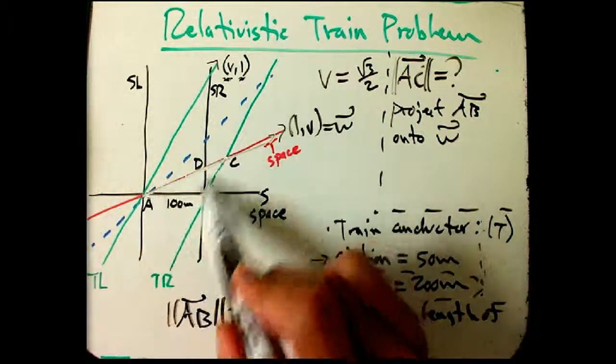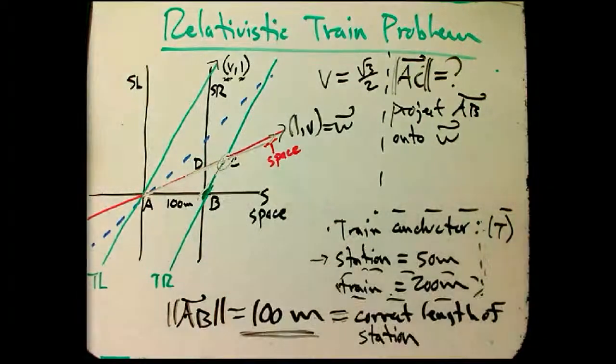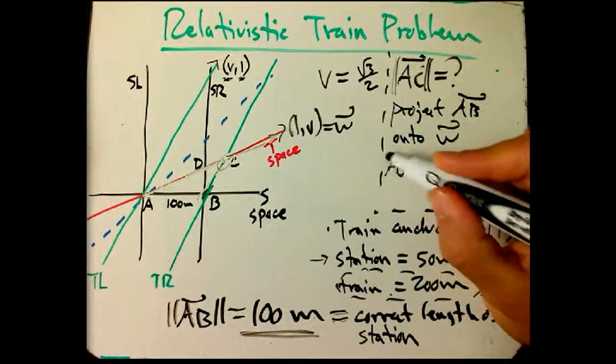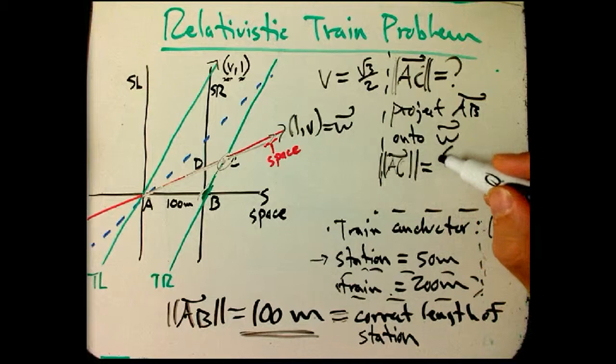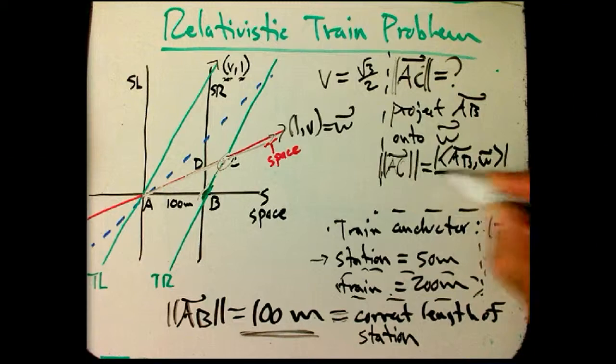I know this doesn't look like a right angle right here, but it is. We have a formula for that. The magnitude of that projected vector is the absolute value of AB scalar product W, over the magnitude of W. That's a nice use of projections.